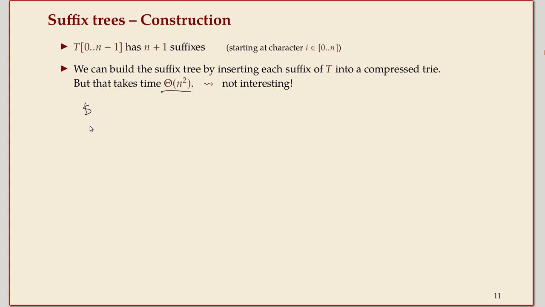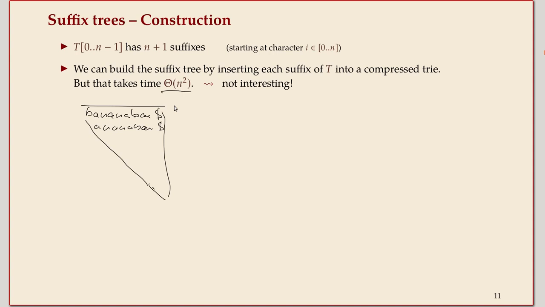all my suffixes, I should start with banana, then anana, and so on. What I get is such a full triangle of characters, which means there's essentially a quadratic number of characters involved.